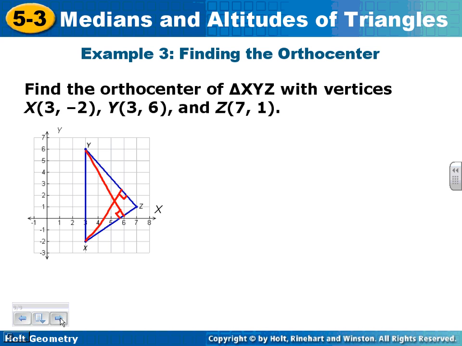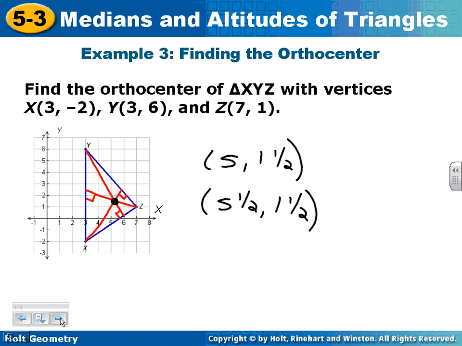And the third one, of course, would be from Z, and that would be a perpendicular. Notice that they all are concurrent right in there. It looks like it's about 5, 1.5, I would say. It could even be about 5.5, 1.5. So again, when you freehand them, it's not as accurate.